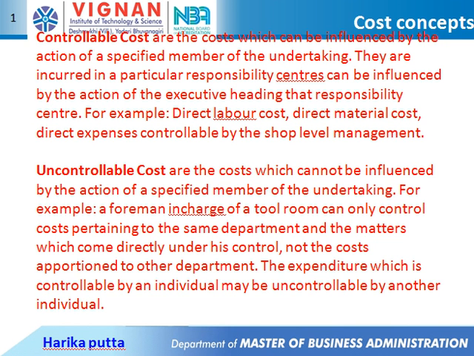That doesn't work out, right? So, that is an uncontrollable cost. The expenditure which is controllable by an individual is controllable cost, and that which cannot be influenced by an action is uncontrollable cost. So, these are the cost concepts.